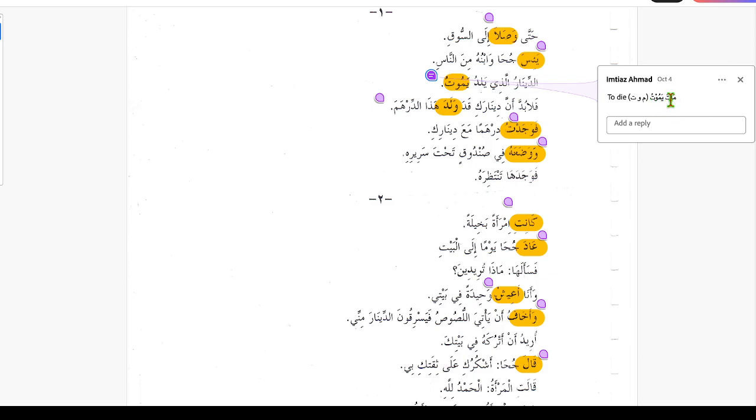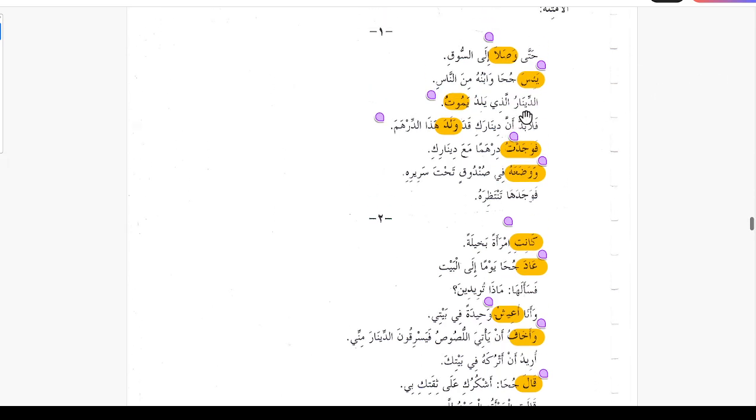In the past tense it is written like this, but actually the root letter is waw, not alif. When we make the present tense, we can see it. So mata yamutu, to die. The dinar, the currency, the coin that gives birth, then it also dies.